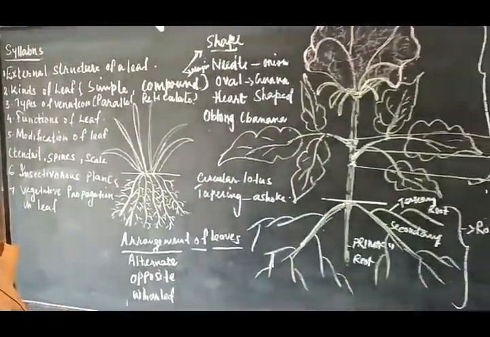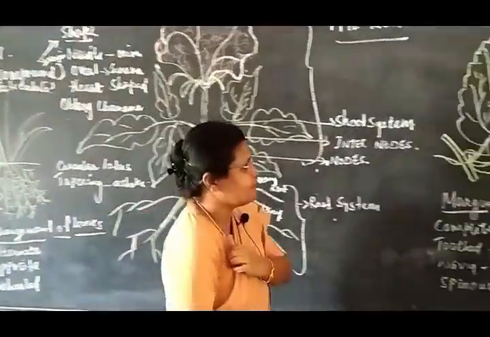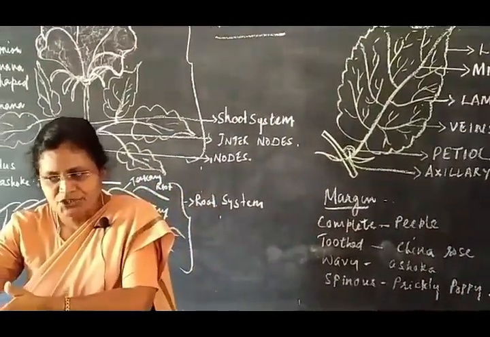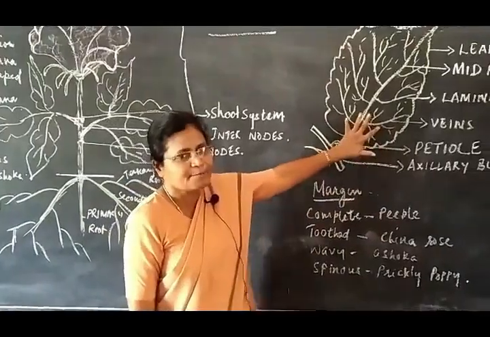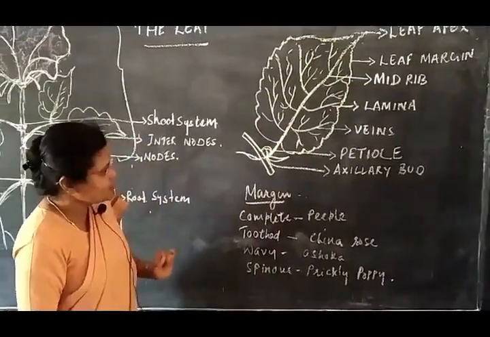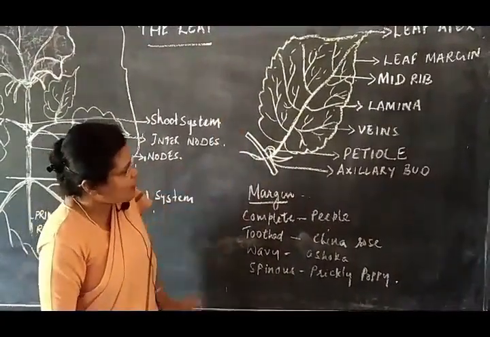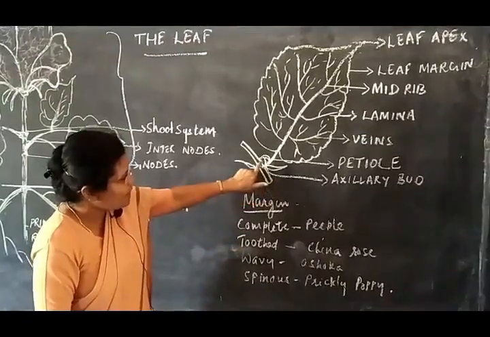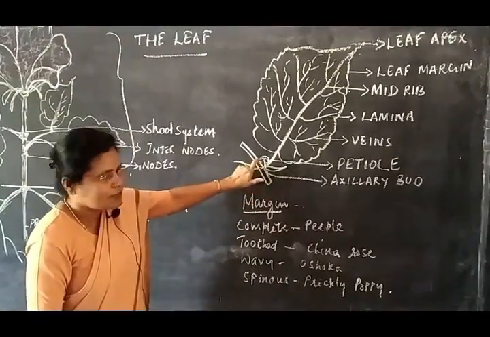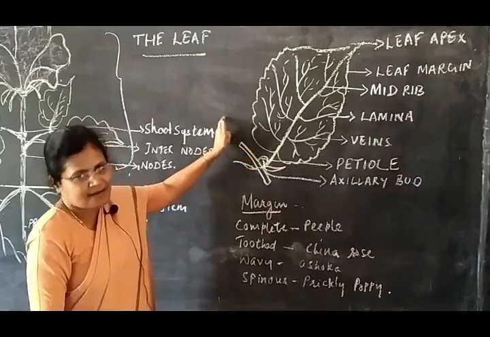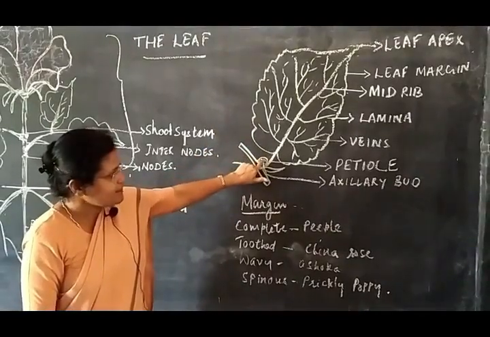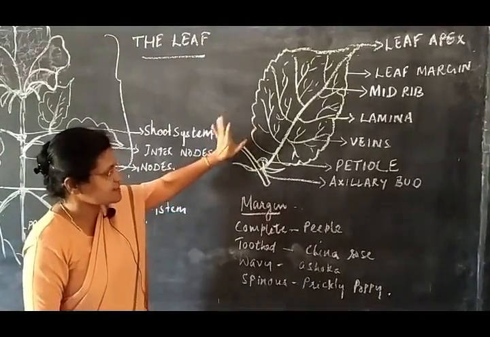Now coming to the external structure of a leaf, I will teach you with a live example. At the same time, look at the blackboard first. Remember children, the leaf has a bud called the axillary bud from which the branches arise.